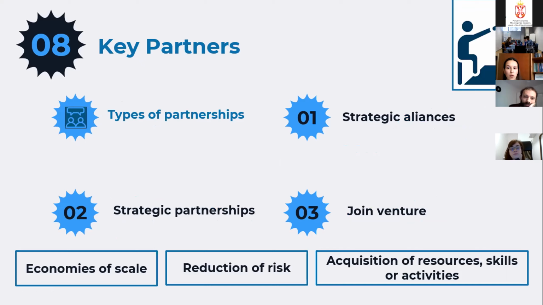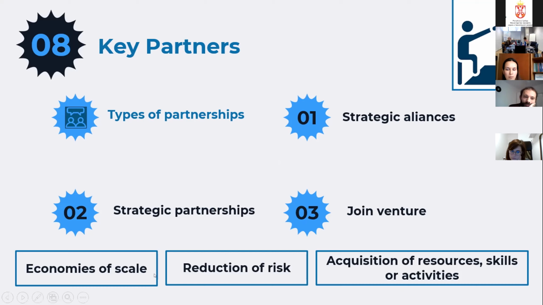There are three types of partners: strategic alliances developed between companies which are non-competitors, strategic partnerships developed between companies that are direct competitors, and joint ventures which we can develop in order to start to create a new business. We can ask, what is the reason why we work with our partners?